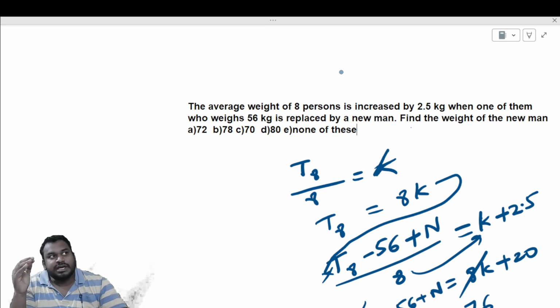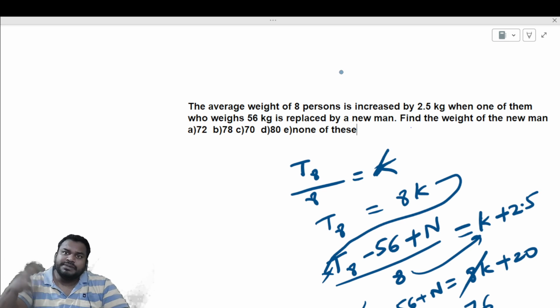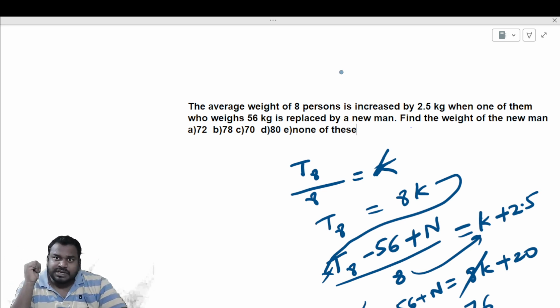Suppose I have 20 chocolates and I distribute them to some number of students. On average, they got two chocolates. So if there are 10 members, then it will become two. Again, I bring some more chocolates and distribute among them. On an average, everybody got three chocolates, which means every person should get three instead of two. That's what is happening here also.